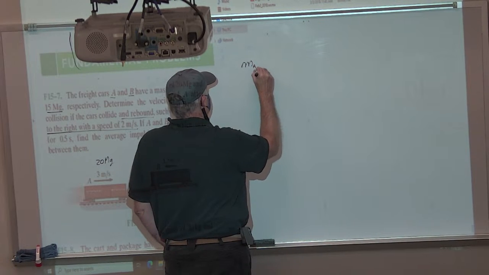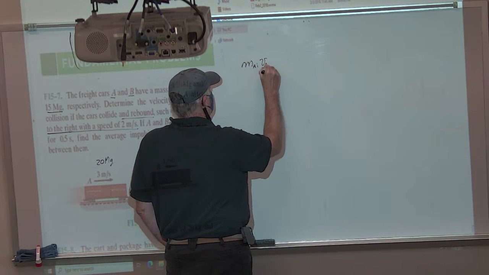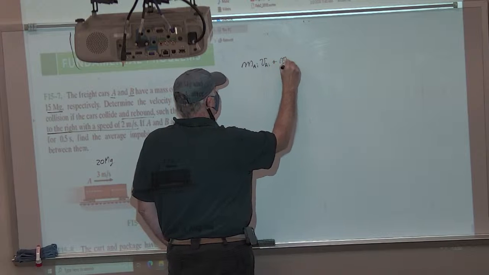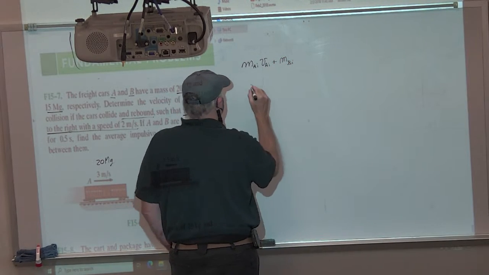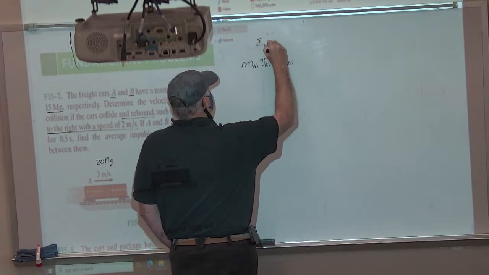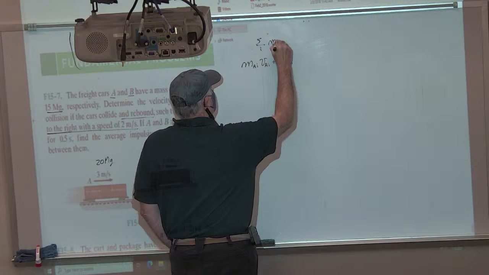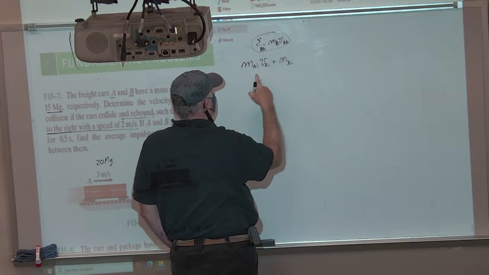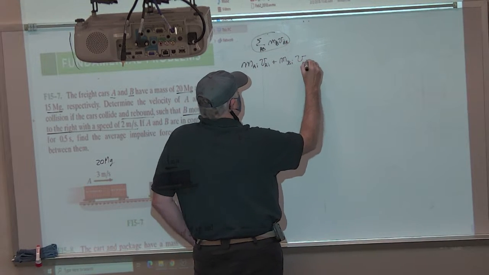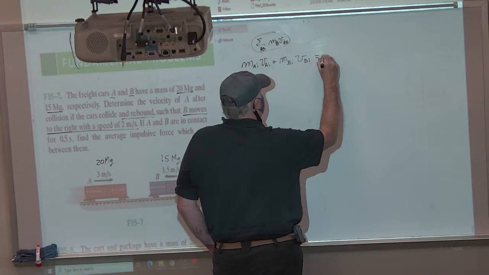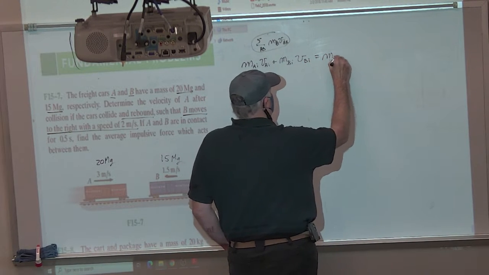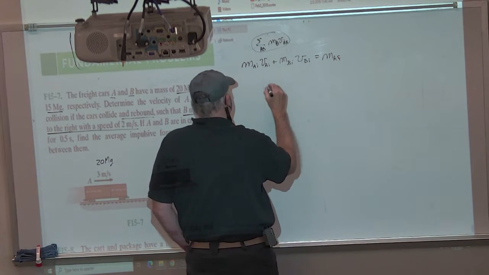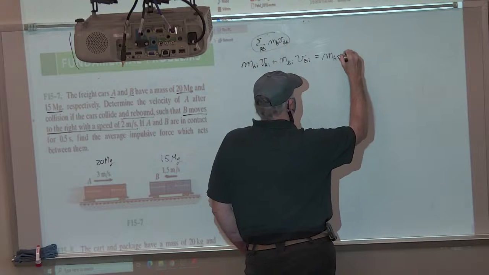So MA initial, VA initial plus MB initial. Now you look back at the text, the I's here are not, they're AB's. So you're summing on the A and B's here. The B initial goes to mass A final, initial being before the collision, final being after.